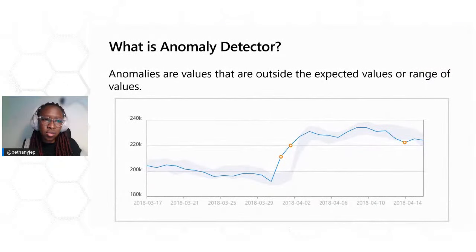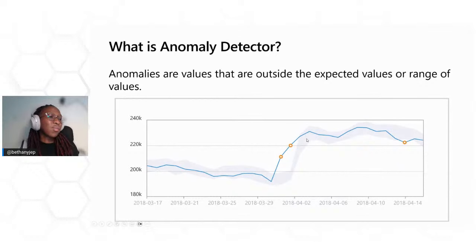So for example, in this image, you can see there are two different shades. There's a straight line in a dark shade of blue, and then there's a light grayish-blue shade. The lighter shade shows you the expected values over time. So probably this is what they expect in a case like stocks or values rising.